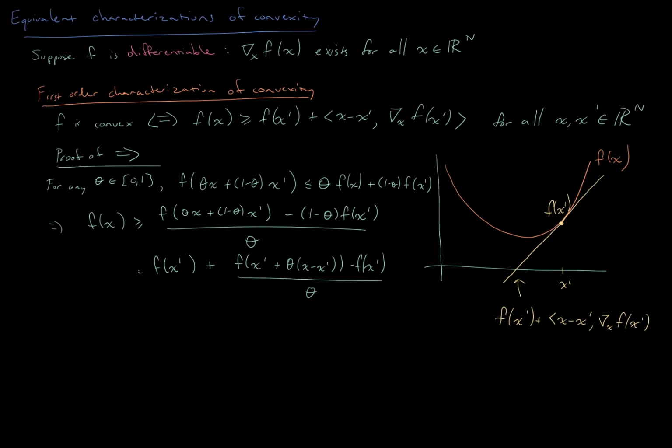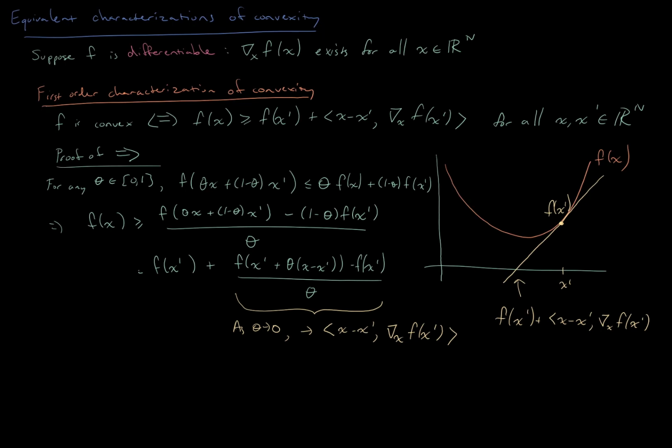So you may recall from our review of multivariable calculus that if we look at the limit of this as theta goes to 0, it is exactly the inner product between x minus x prime and the gradient of f evaluated at x prime. This is the directional derivative that we talked about before. And since this inequality holds for any theta between 0 and 1, that means we can take this limit as theta goes to 0, and this gives us exactly what we wanted to show.